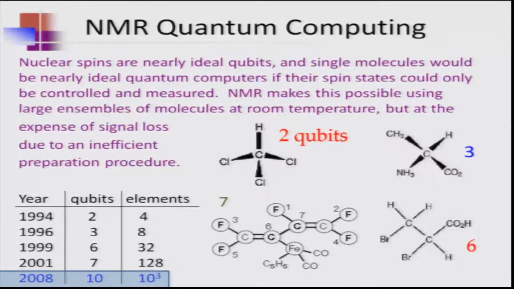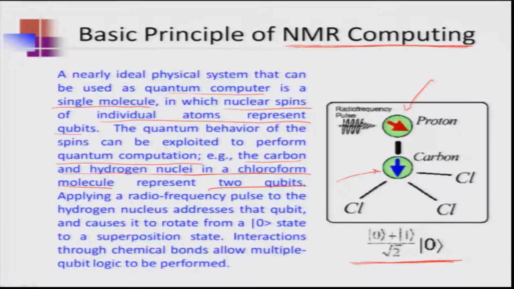What we have to do is somehow manage to get this particular state to interact only with the applied field or the radio frequency pulse under the condition when they are in a certain condition.